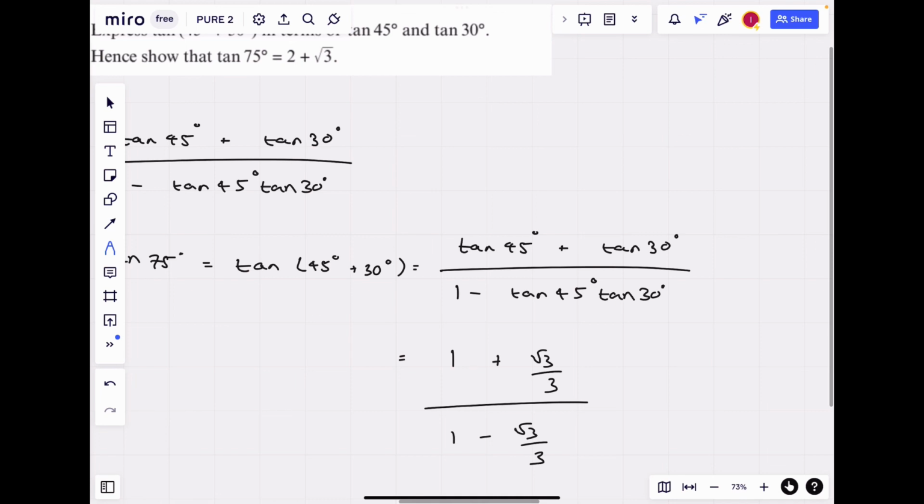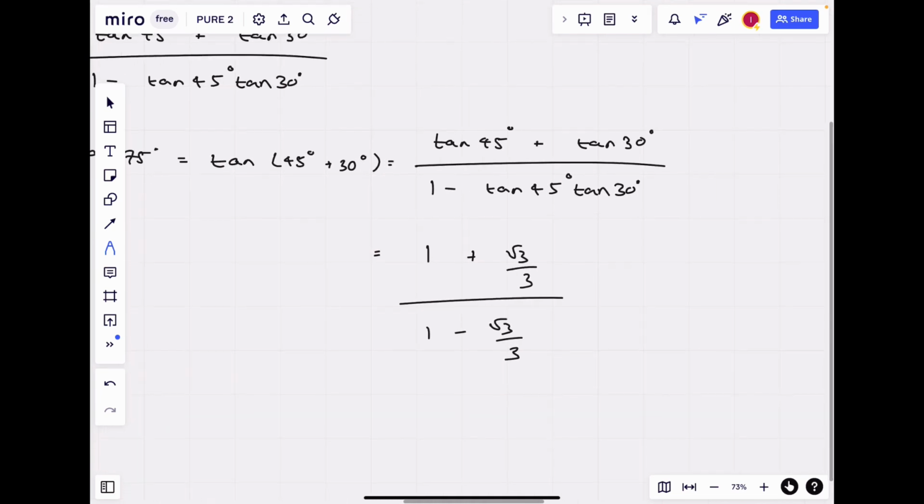Like this. Now it's just a matter of simplifying everything. So if I times everything by 3, it gets rid of these. So 3 plus root 3 over 3 minus root 3.